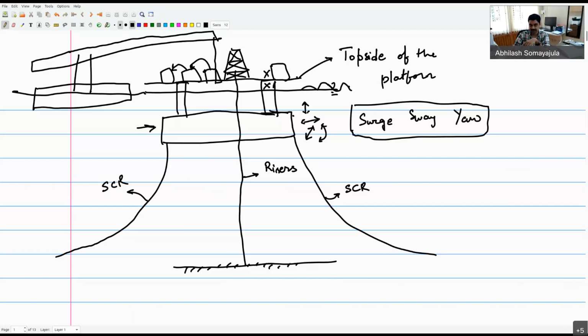Yes. Right. So when we want to do such operations, these are typical dynamic positioning operations, or DP for short.